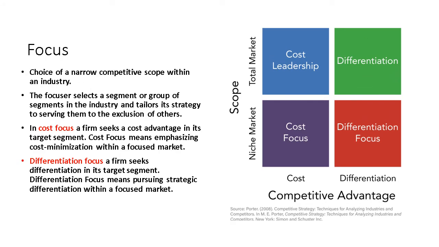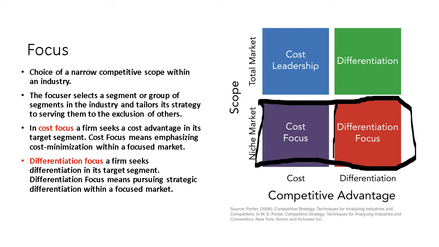Let's talk about focus, which is this one. There are two segments: a niche market where your strategy is cost, meaning there is a choice of narrow competitive scope within the industry. In a cost focus, a firm seeks a cost advantage in its target segment.